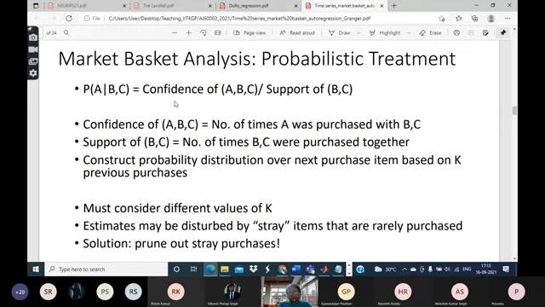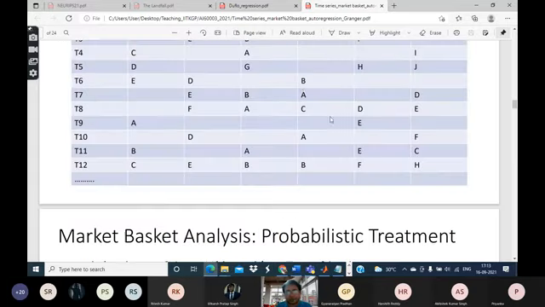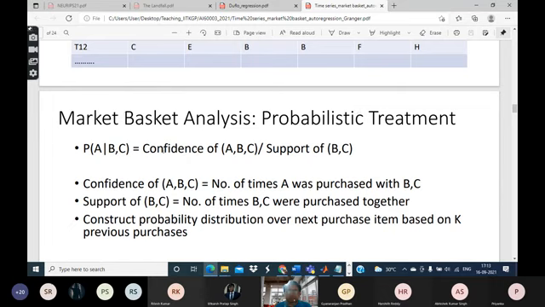These probabilities are calculated with the help of relative frequencies of purchases, which we can read off tables like this. We express this probability in the following way.